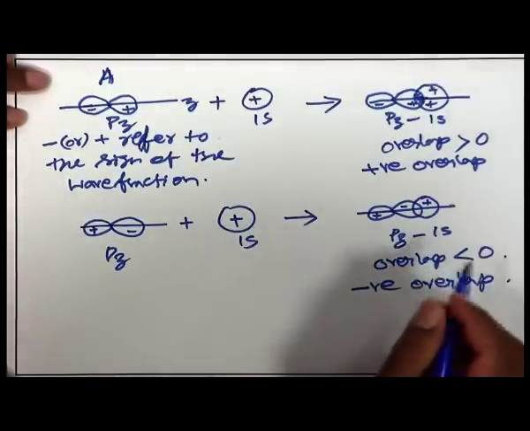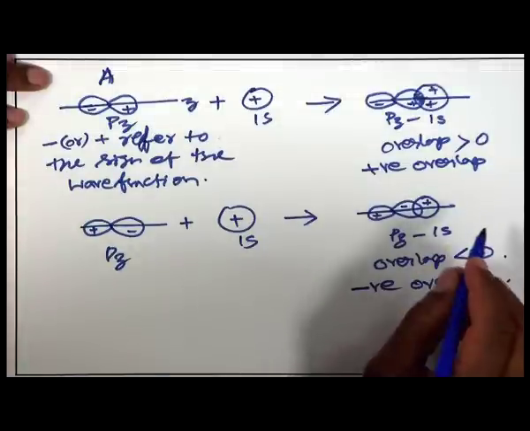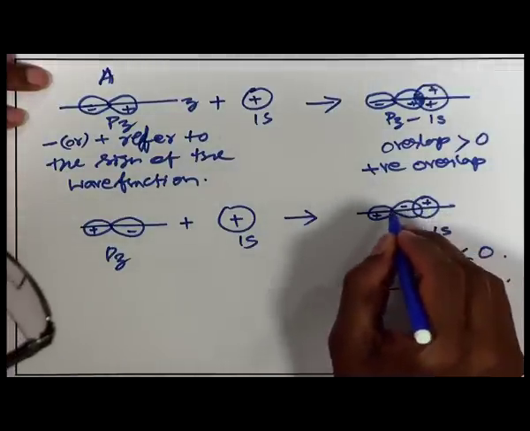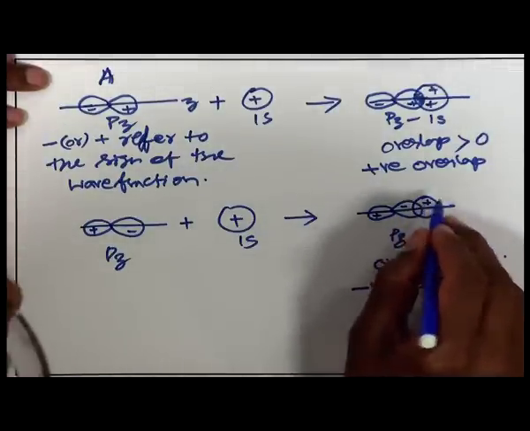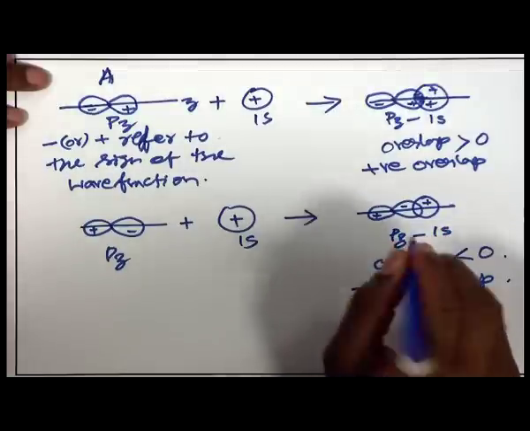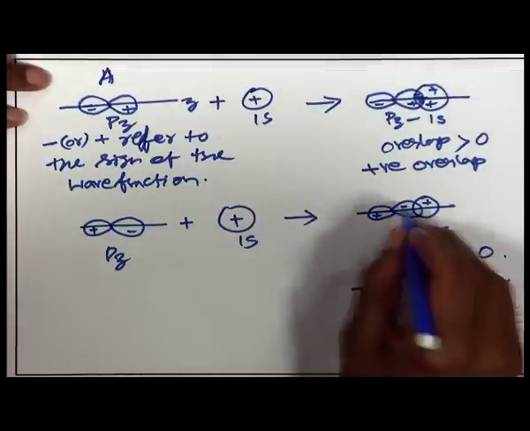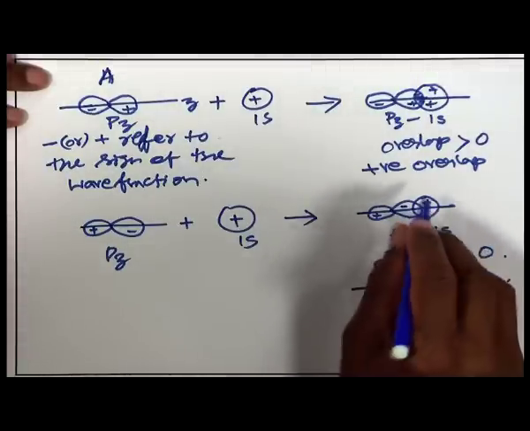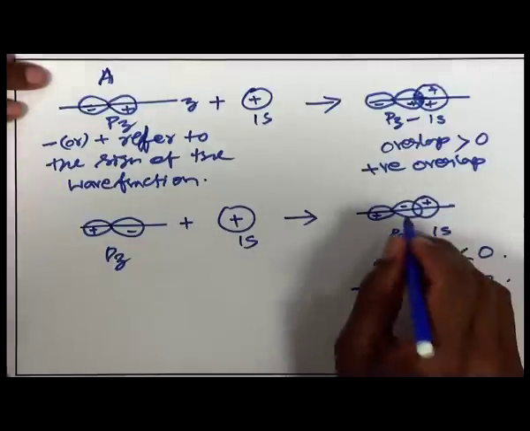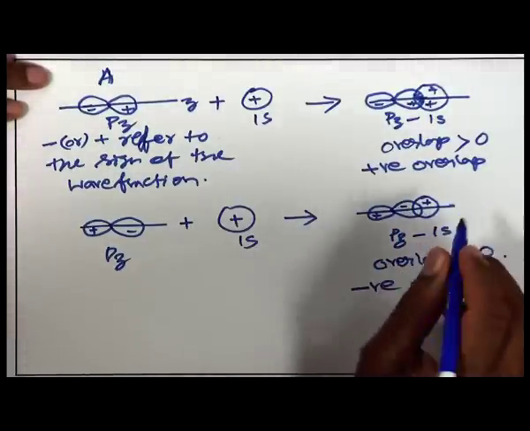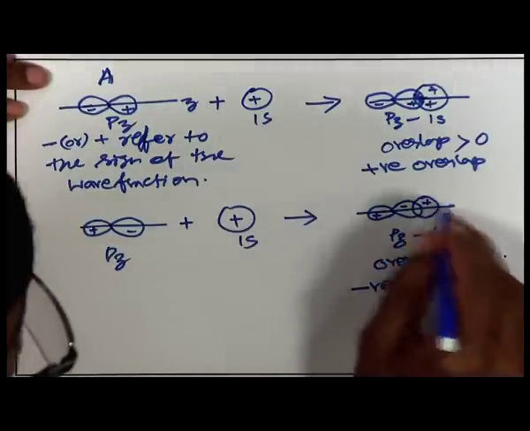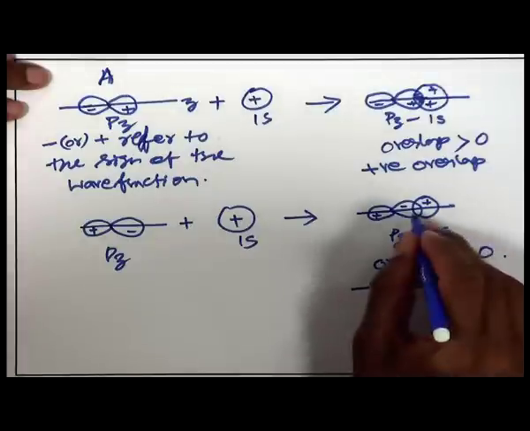Why is it less than 0? The sign is opposite. These two orbitals do not have the same sign of the wave function. Here the sign of the wave function is negative, here it is positive. When you put them together, they cannot lead to bonding. So, the overlap becomes negative.